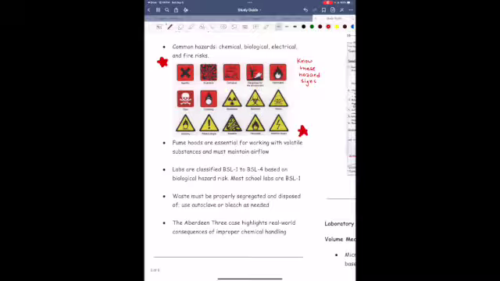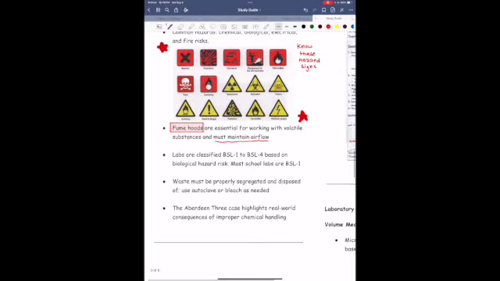If you are working with something that requires positive or negative airflow, you're going to use a fume hood, so any sort of aerosol. Labs are considered between BSL 1 and BSL 4, 1 being the safest and BSL 4 being the most dangerous. Think of some crazy virus like Ebola.